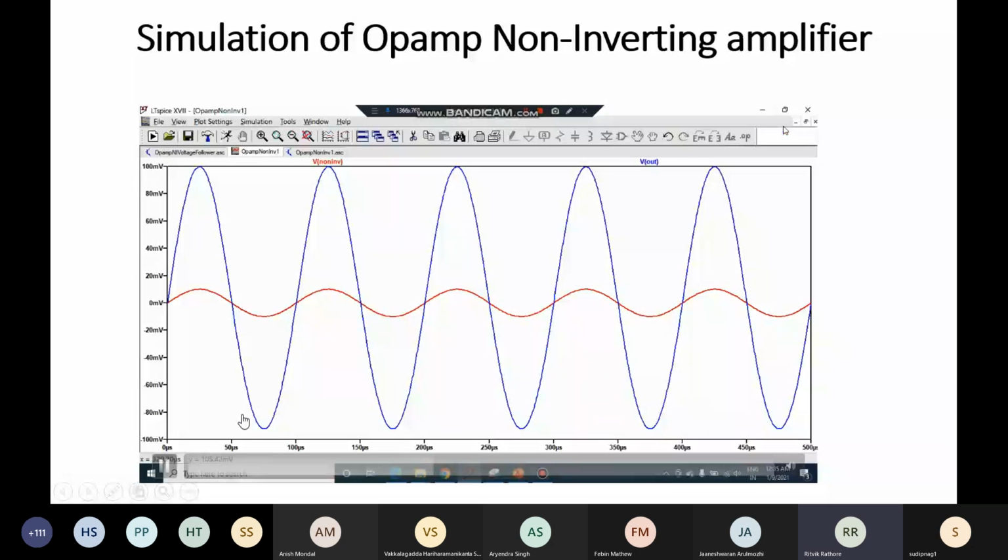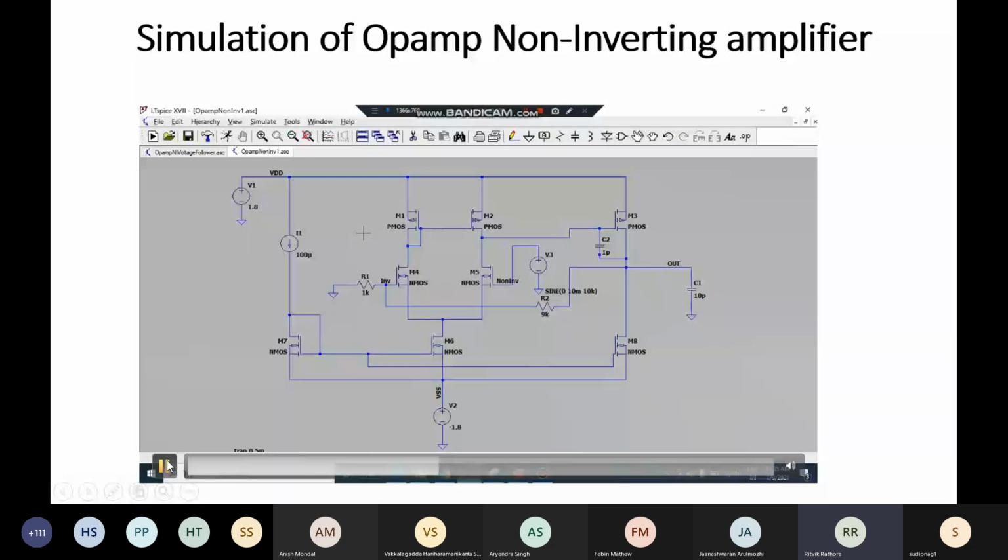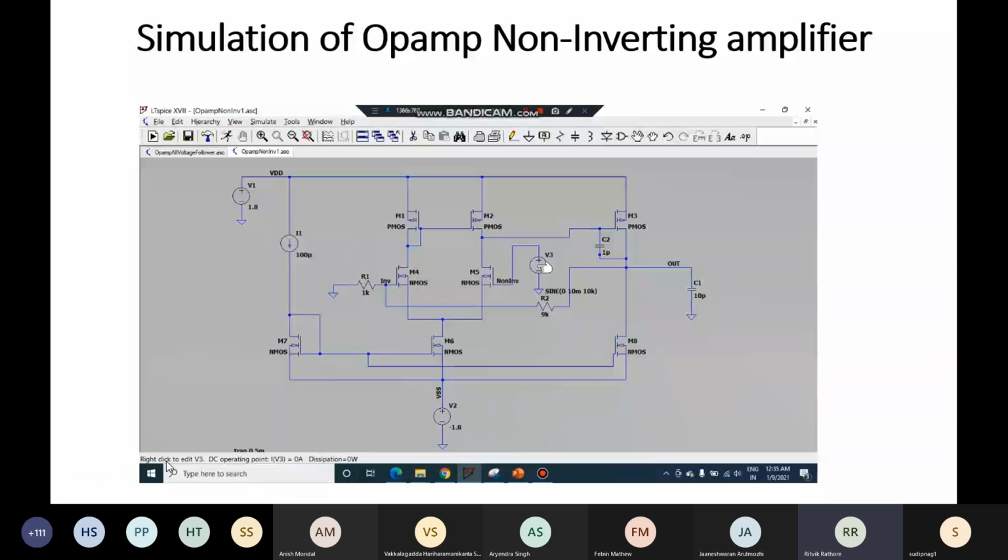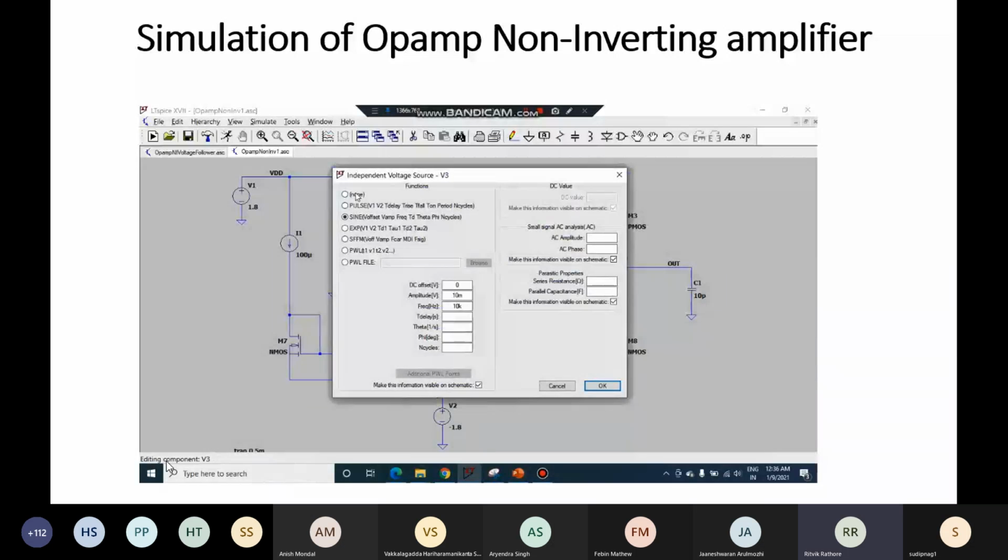Now we'll be doing AC analysis. Right click on the AC source, select as none, and select AC amplitude as 1.